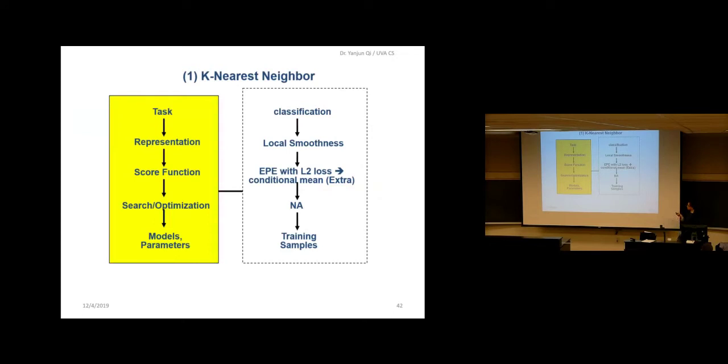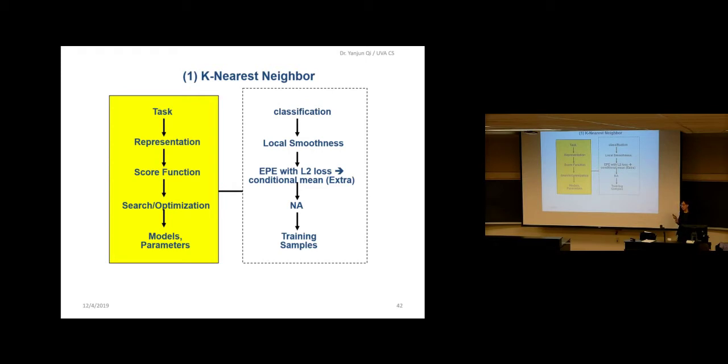And k-nearest neighbor is a classifier, though actually you can use it for regression too. And the fundamental representation is about local smoothness. And the scoring function, we did not cover that, but I think I mentioned the specific error function minimized is the expected prediction error with the L2 loss. And when you have expected prediction error with L2 loss, the best predictor is the conditional mean.